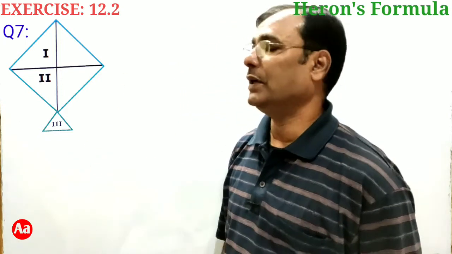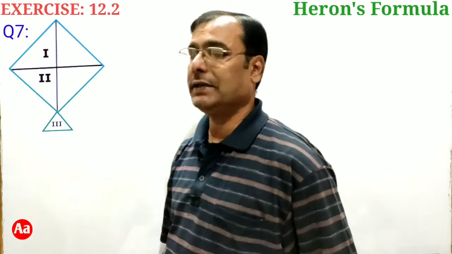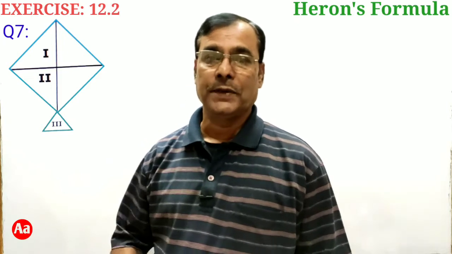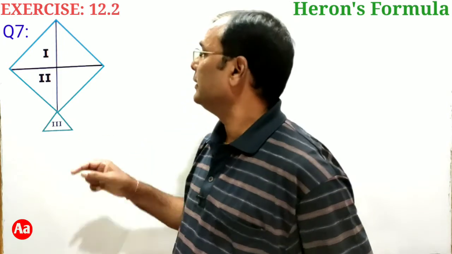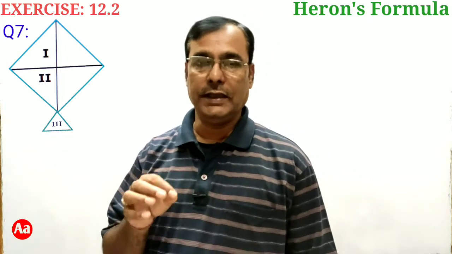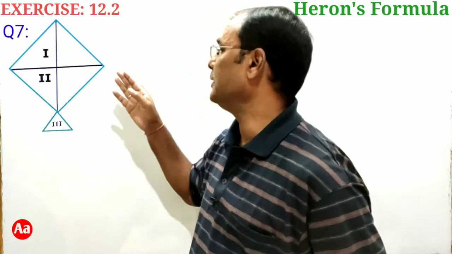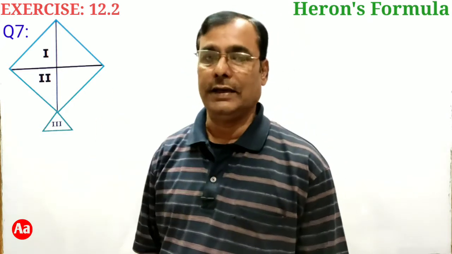This kite is divided into 3 parts: part 1, part 2 and part 3. We have to find the area of these 3 different sets of paper, I mean the area of the paper in 3 different colors which has been used in making this kite.